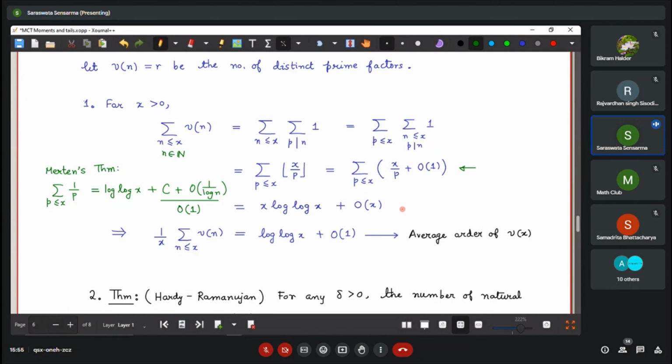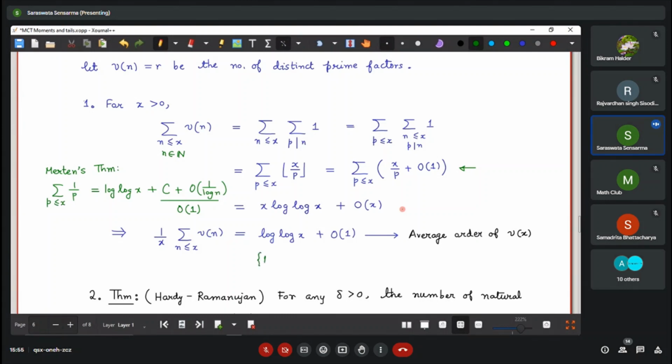If you consider the average of the number of distinct prime factors, you get log log x plus order 1. So the average order of ω(n) is log log n. If I just give you a number, the number of prime factors is expected to be log log of that number.